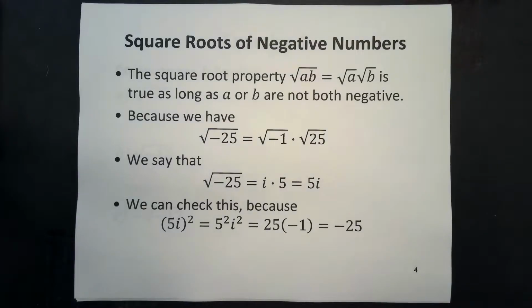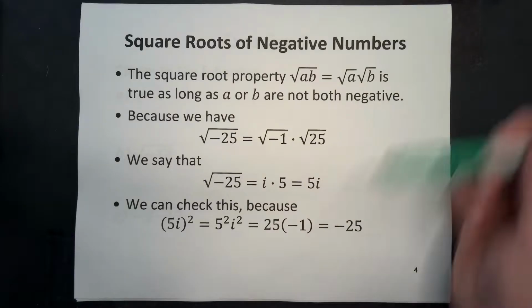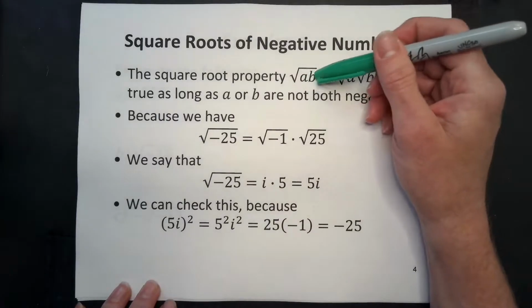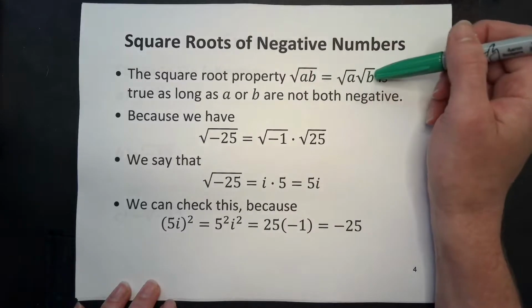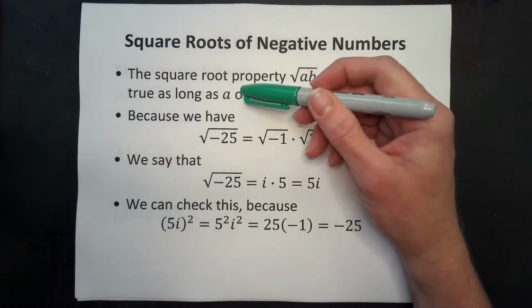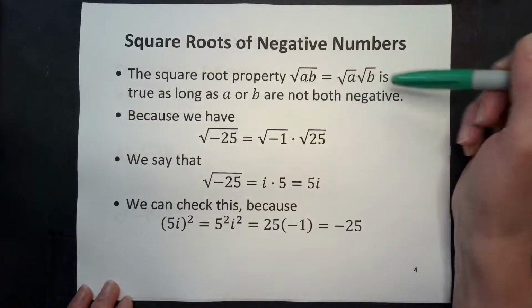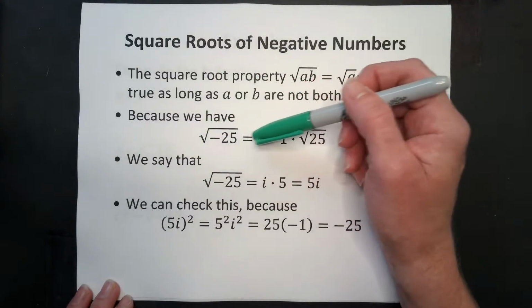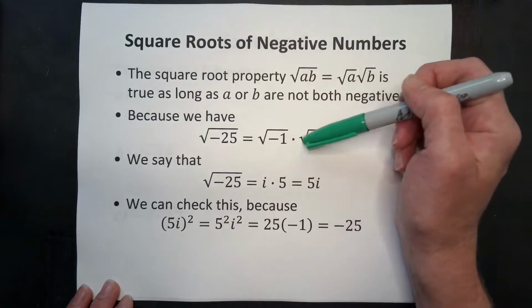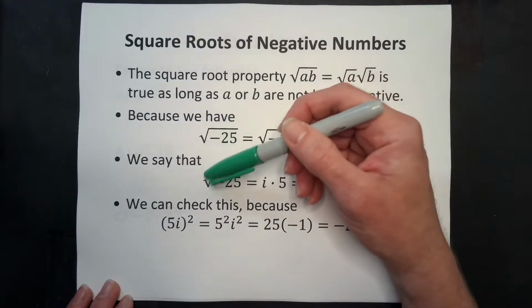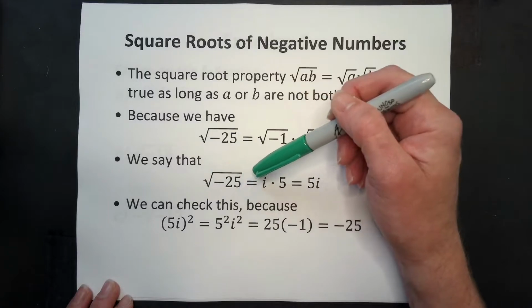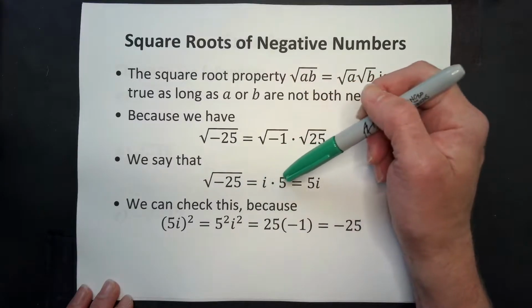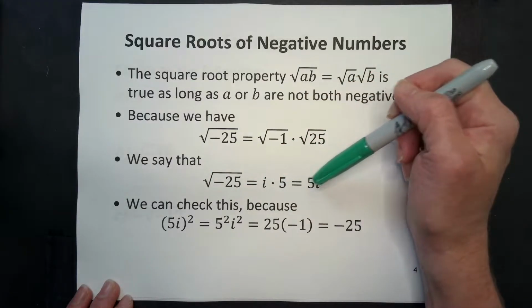The square roots of negative numbers. The square root property, the square root of a times b equals the square root of a times the square root of b, is true as long as a and b are not both negative. This is because we have the square root of -25 equals the square root of -1 times the square root of 25. We say that the square root of -25 equals i times 5, which is 5i.